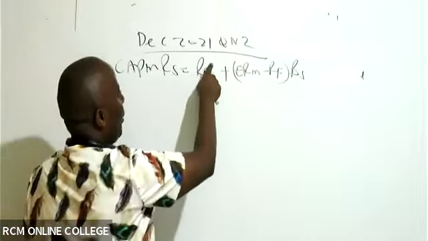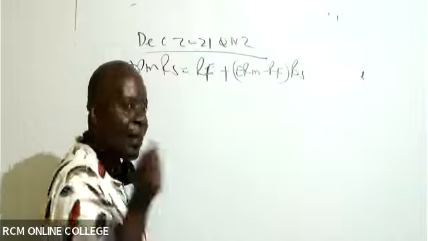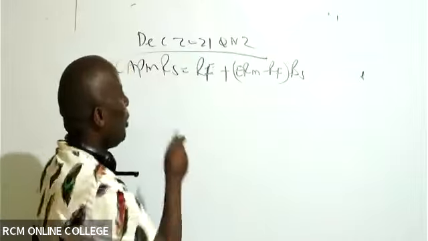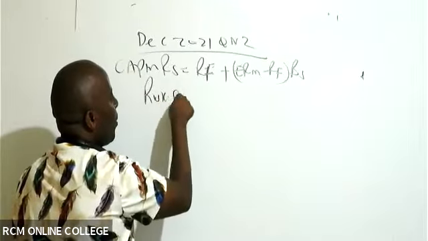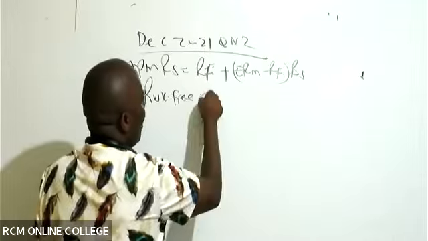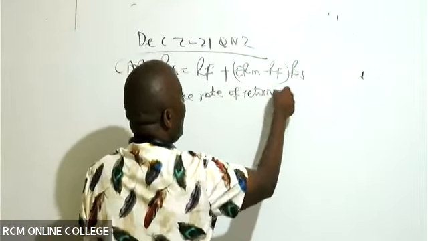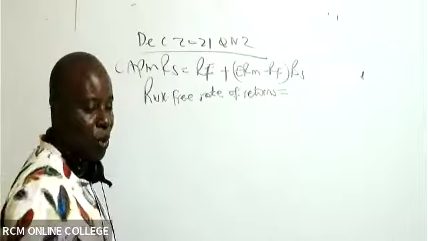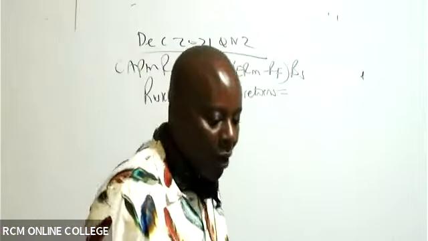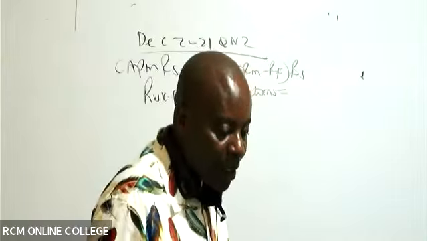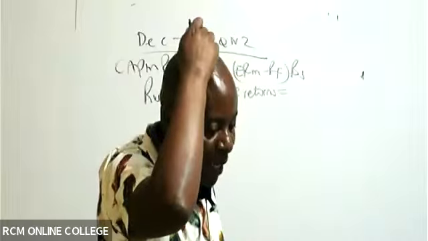This is risk-free. In this question, over 80% of the students were not able to give us the risk-free rate of return, because in most questions it's normally given directly. In this question, if you were in this sitting, they have given us an asset called risk-free asset.